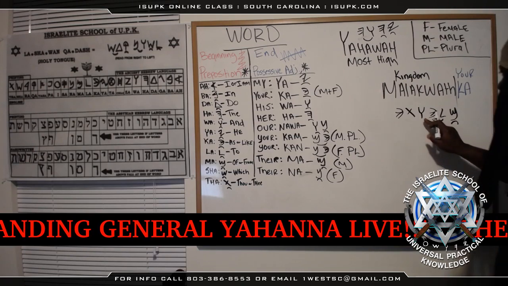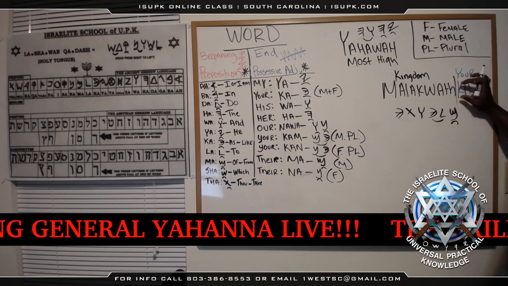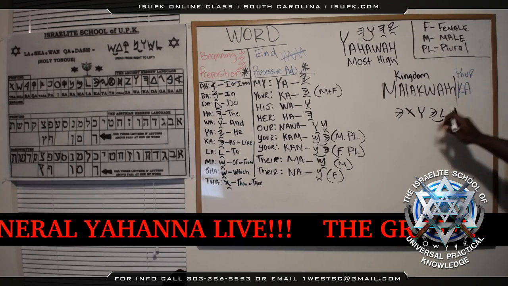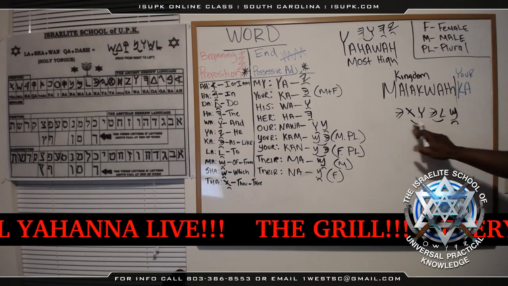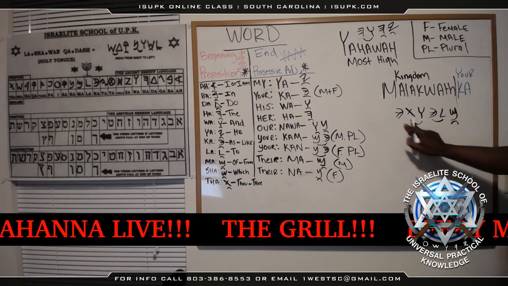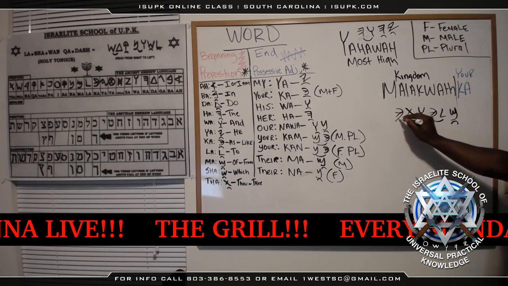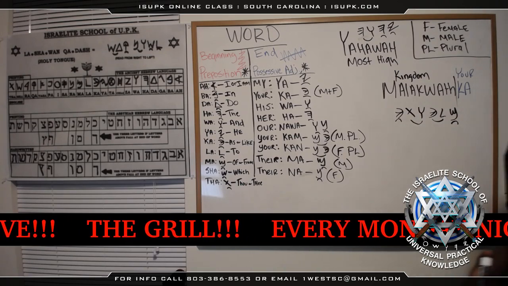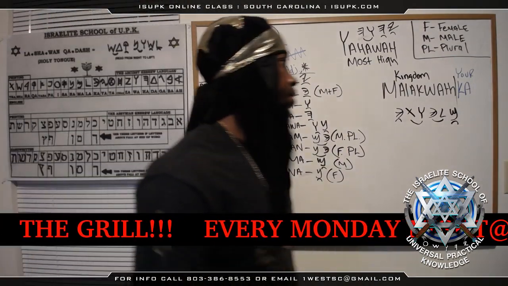Wa, and then the Tha has no A at the end of it. You understand? That's because the Wa and the Tha are connected as well. So Wa and Tha become Wath. Ma-lak-wath-ka. That's how you pronounce it.